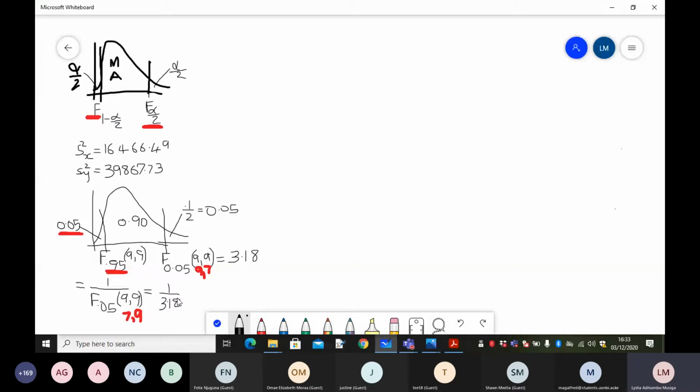But I'm not going back to the table because 9 is just the same as 9. So this value which we had obtained of 3.18 is the one I substitute where I have 1 over 3.18, and so our answer is 0.3145. So we have obtained the two F values, and so we can substitute.